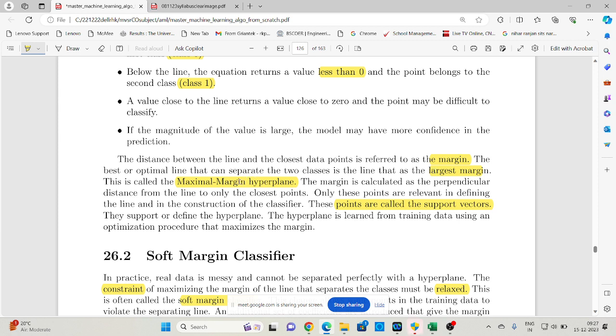That's why this is called the maximal margin hyperplane. So we have to select the largest margin. Now, the points which are used in defining this maximal margin hyperplane classifier are called the support vectors. So they actually support or define the hyperplane.